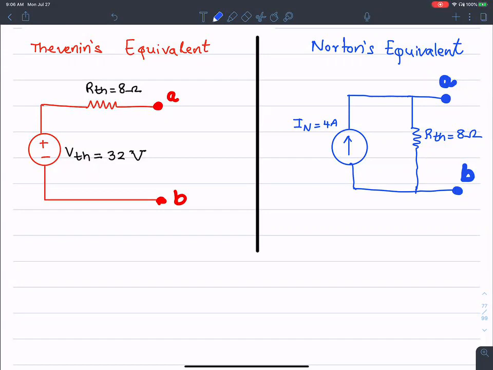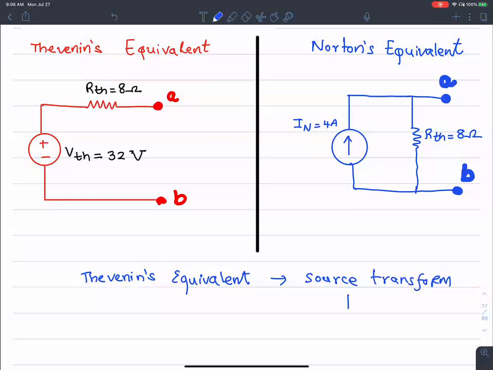That's a sharp observation. Thevenin's equivalent is the source transformation of Norton's equivalent, and vice versa.